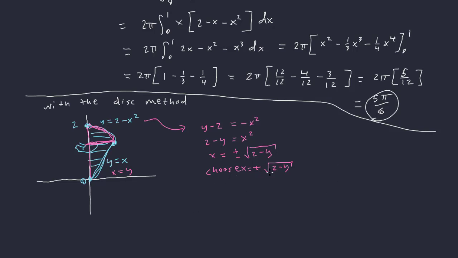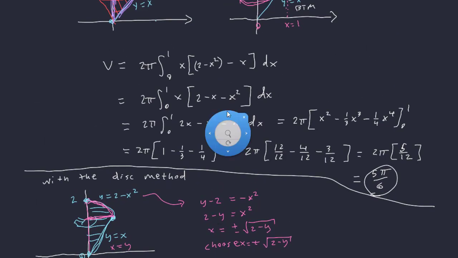Okay, but we need to set these equal to one another and see where they intersect. We could plug 1 in to one of these, and actually that's what I would do if I hadn't already solved it up here.